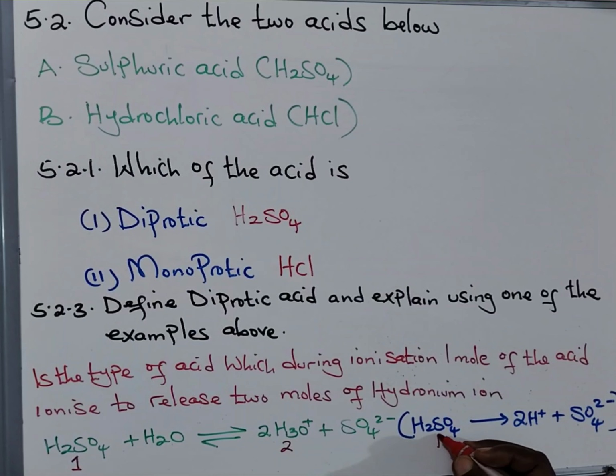The number here is 1, and this is 2. So 1 mole of sulfuric acid ionizes to give you 2 moles of hydrogen ions. Such an acid which does that, we call it diprotic. Di means 2.